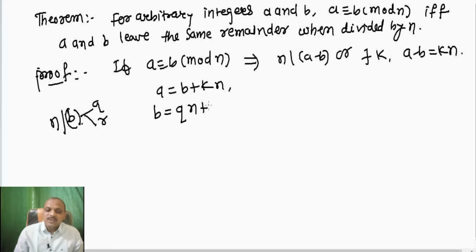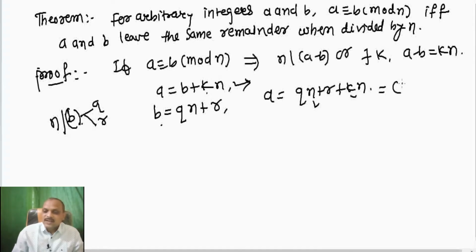That means b is equal to q into n plus remainder r. Let us put this value here. We have a equal to q n plus r plus k into n. We can take n common. We have q plus k into n plus remainder r. Now this is my remainder r, the remainder when we divide b by n, and here we get the same remainder when we divide a by n.